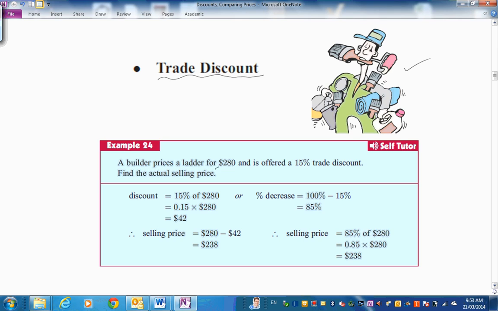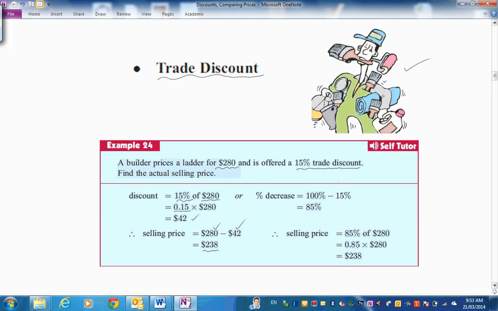A builder prices a ladder down here for $280 and is offered a 15% trade discount. So let's find the discount. Percentage discount times 280, change it to the multiplier, and it comes to $42. So the selling price is 280 minus 42, which is 238.